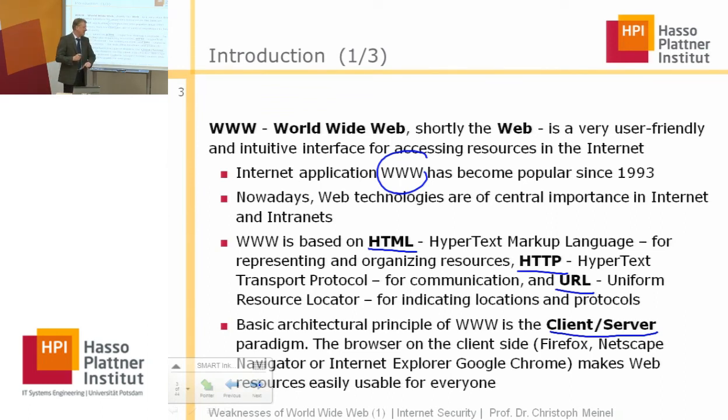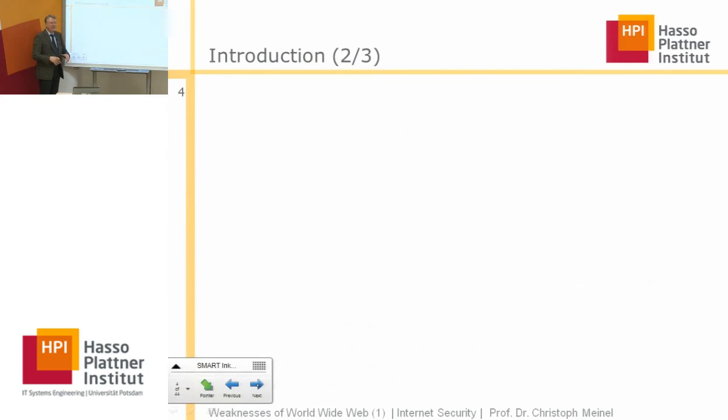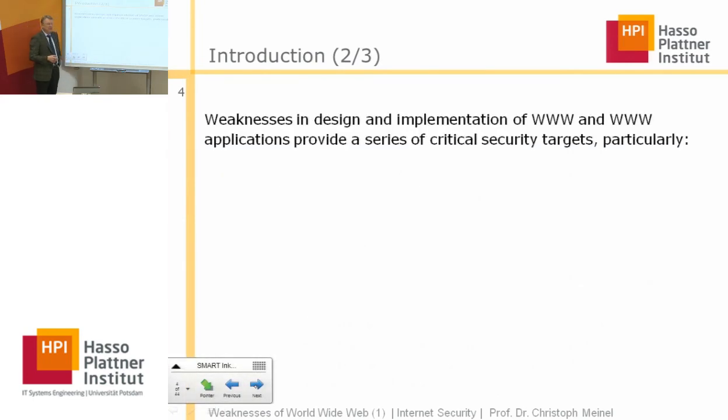In most cases, these web clients also integrate clients from other internet services, like email clients or others. In this way, the browser provides an integrated tool to access resources in the internet.